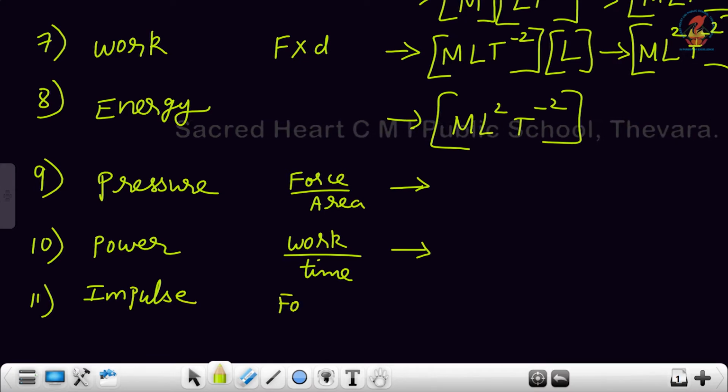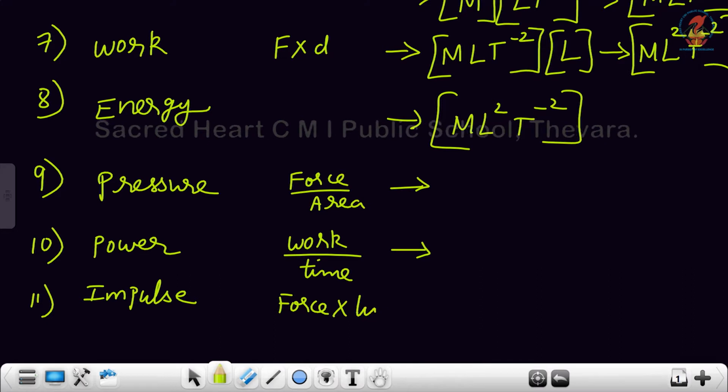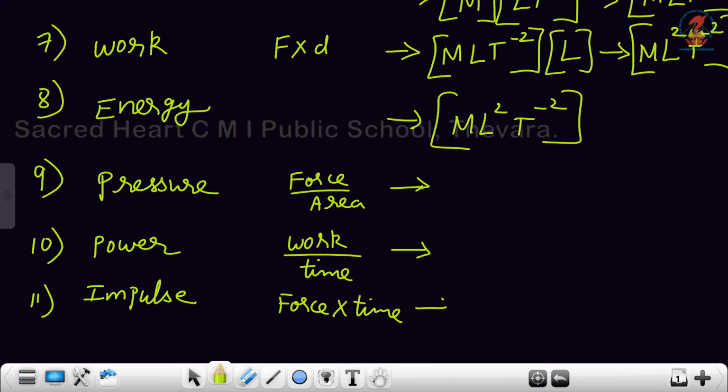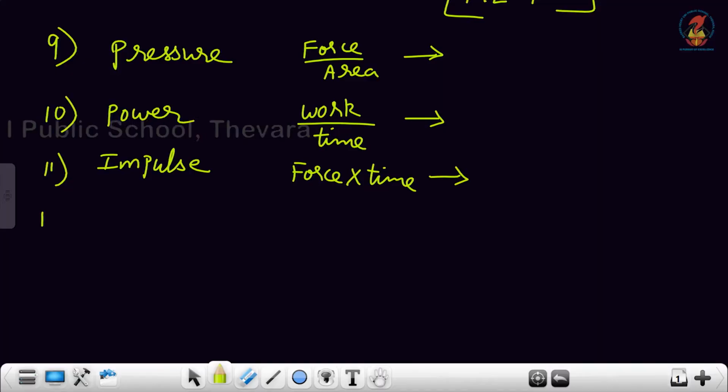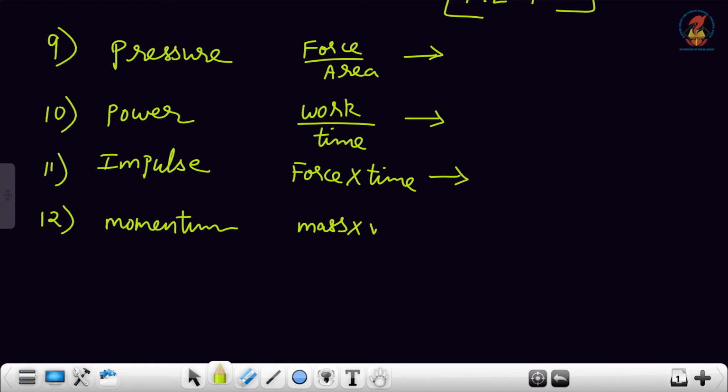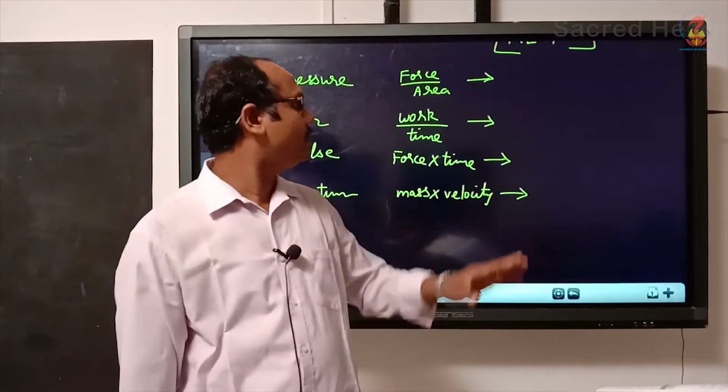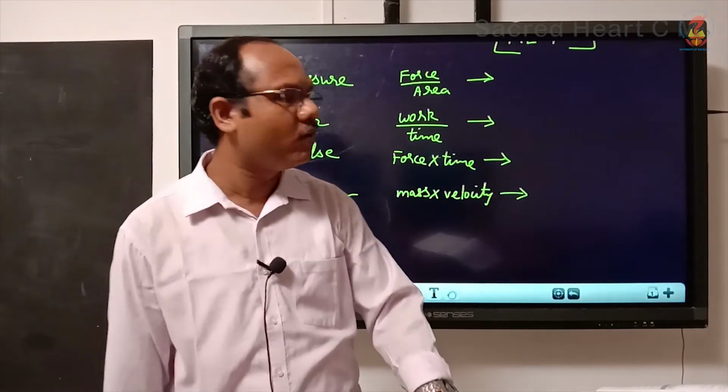Formula for impulse is force into time. Get the dimension. Then comes momentum: mass into velocity. So find these things by yourself.